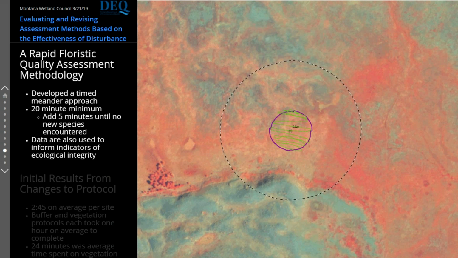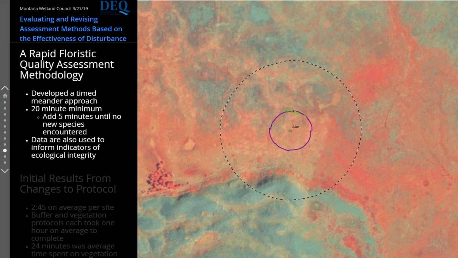And so we developed what we're calling a rapid FQA method. This is a timed meander where our veg person does, at a minimum, a 20-minute meander through a plot identifying every vegetation species present. If during the last 5 minutes of that initial 20-minute interval they encounter 3 or more new species, you add 5 minutes on.